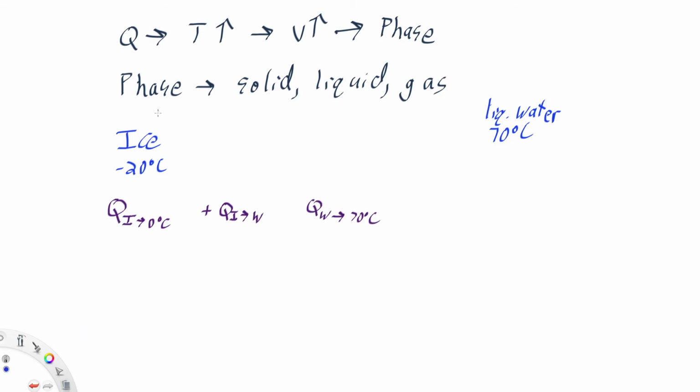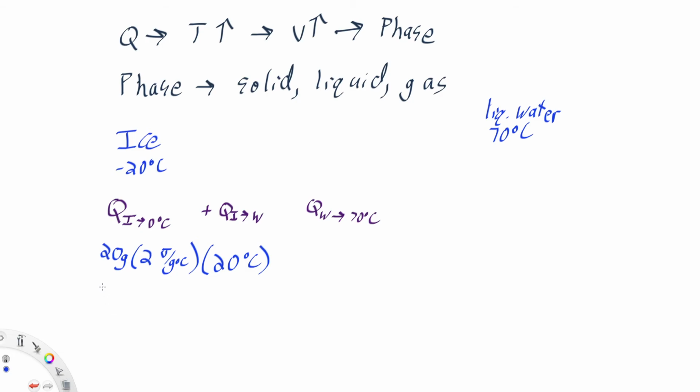So if you want your 20 grams of water to make your espresso with, then you have to start with 20 grams of ice. The specific heat of ice is about 2 joules per gram degree, and you have to heat it up from negative 20 degrees to 0 degrees.